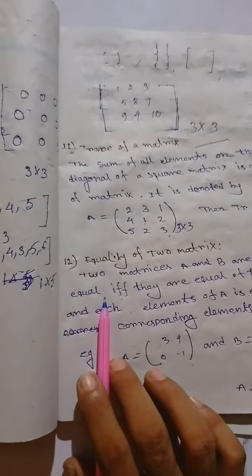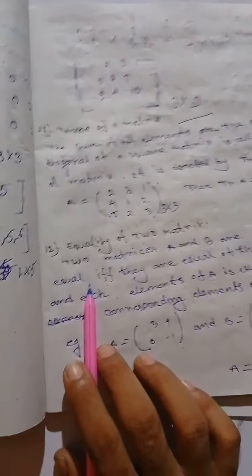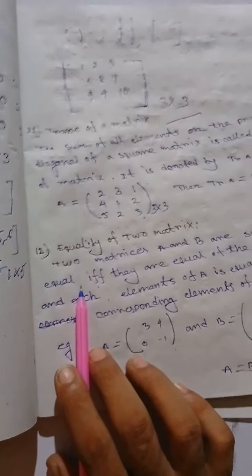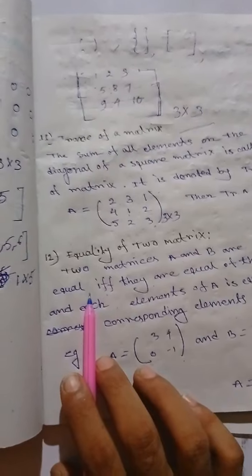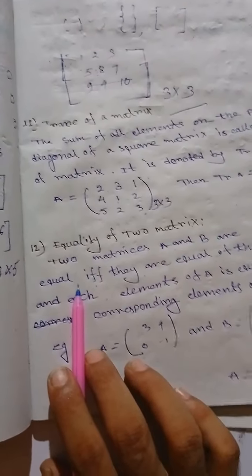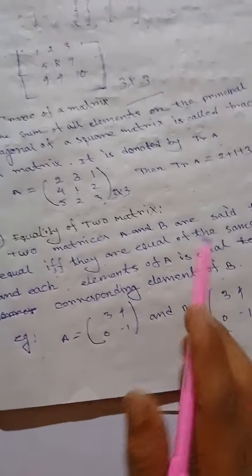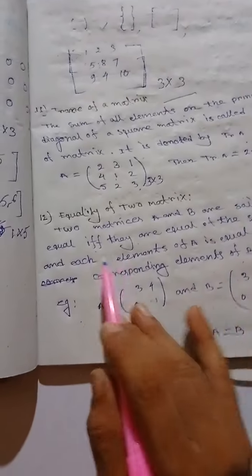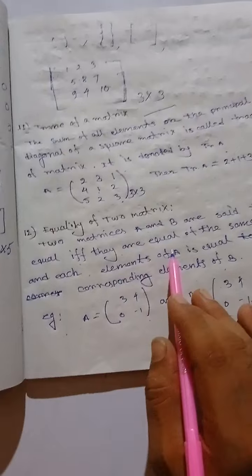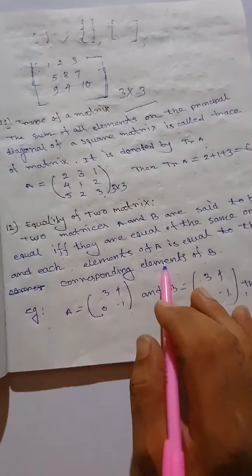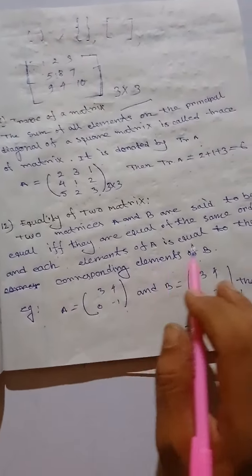Twelfth type of matrix: definition of equality of two matrices.